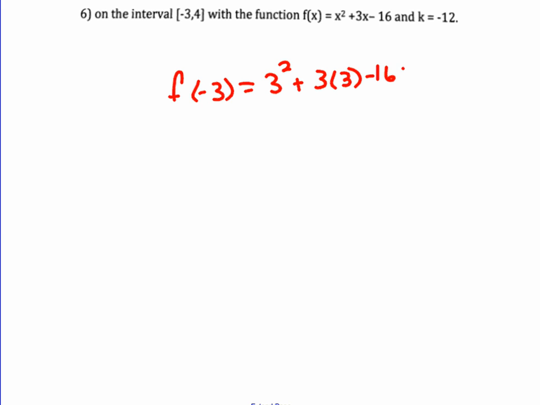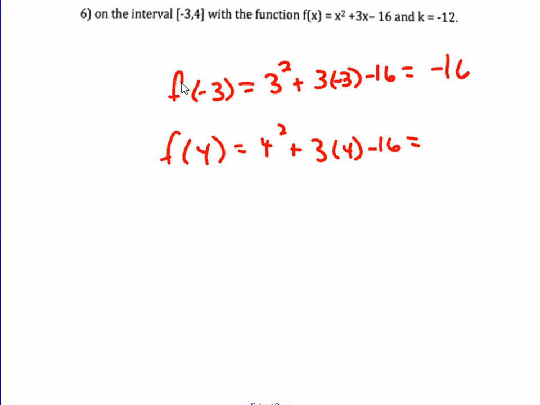And that's going to be 9 plus, or -3. Whoopsie daisies. 9 minus 9 minus 16, so that's -16. And f of 4 is going to be 4 squared plus 3 times 4 minus 16, in which case this is 16 minus 16 plus 12, so that is +12.